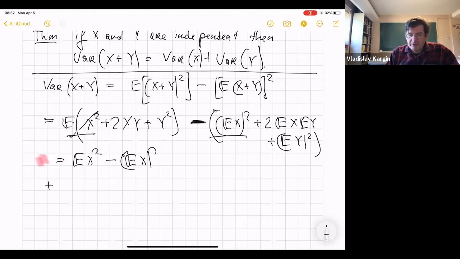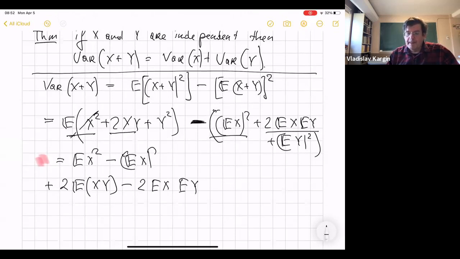Plus 2E of xy minus 2E of x, E of y. So this is this one and this one. And plus the expectation of y squared, this one here, minus the expectation of y squared from here.